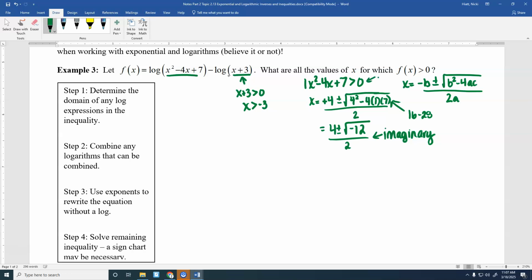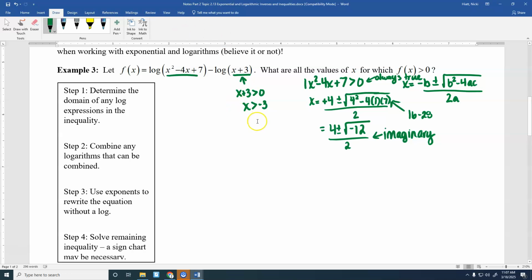This is always positive. So this part is always true. Right here, it's always positive in this case. So since that is always positive, we don't have any restrictions on its domain here. So if you get imaginary roots, it is either always positive or always negative for a quadratic.